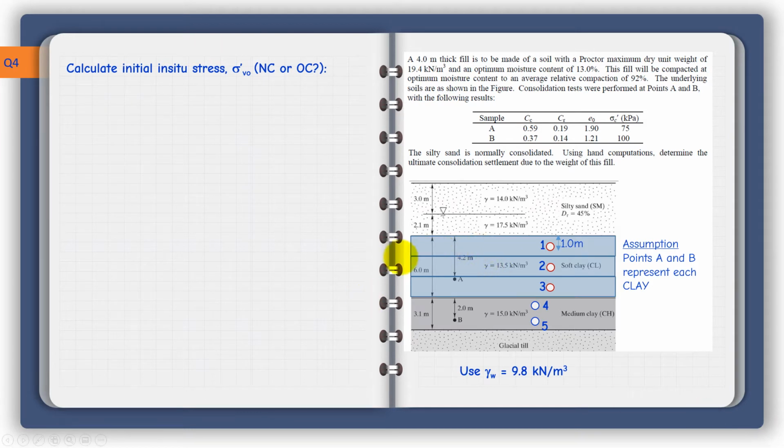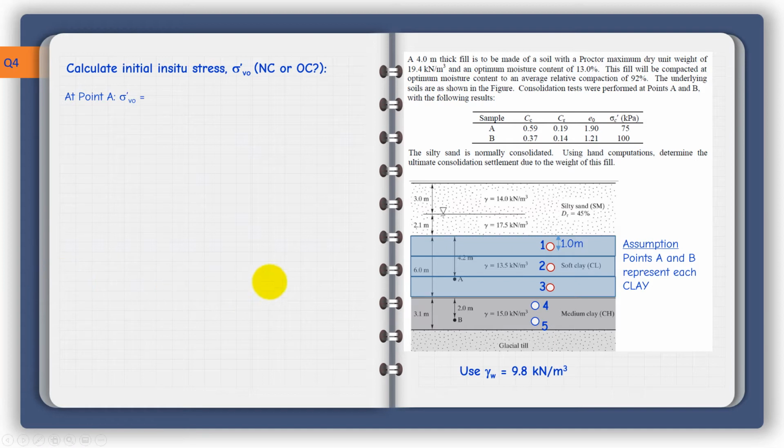So I opted here to divide the 6 meters into 3 sub-layers. Each of them would be 2 meters thick, and these red circles represent the middle within each sub-layer. Likewise for the bottom clay, 3.1 meters, so I will have 2 layers.